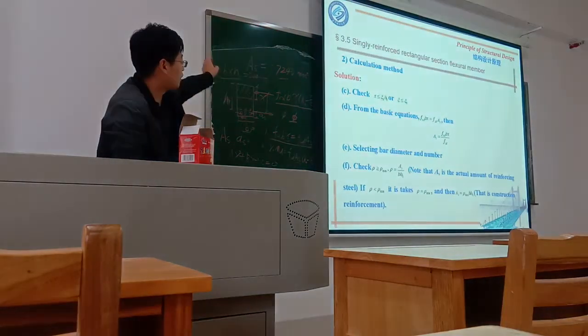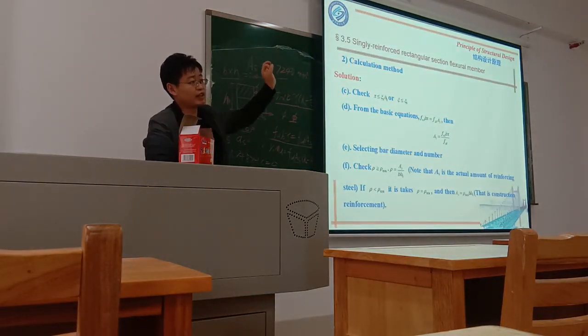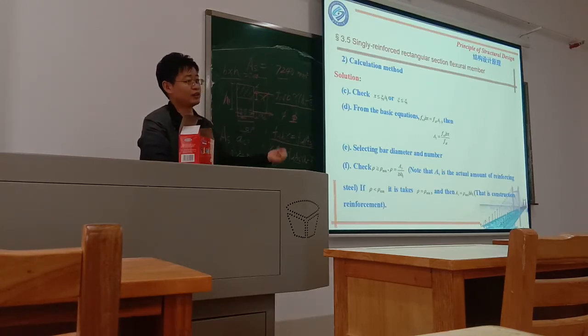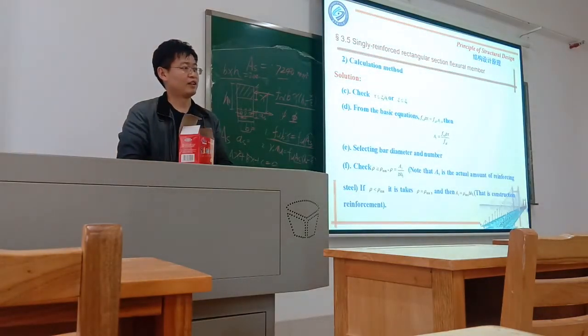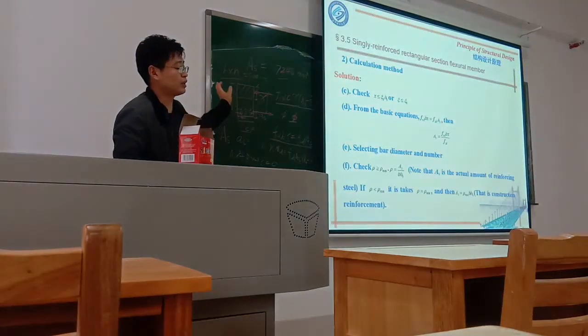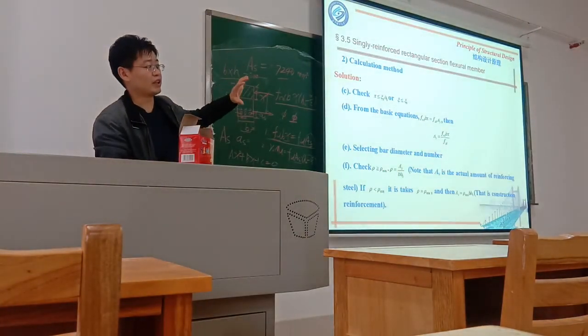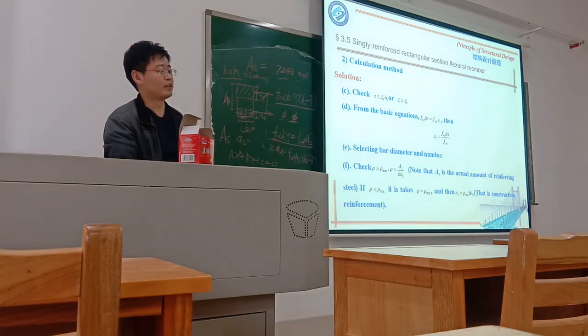Because after you select the diameter and the number, you need to check the reinforcement ratio. Maybe you find it's too large, so it should really not be too large. Normally 10% larger than this; keeping it 5% or 10% larger is no problem at all.